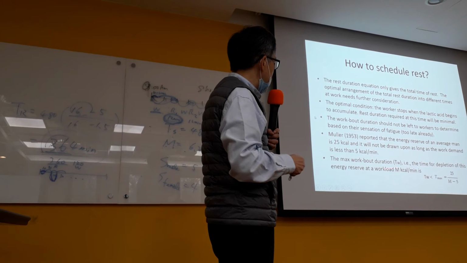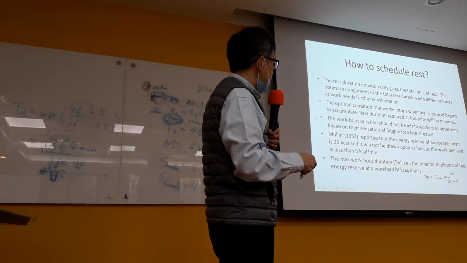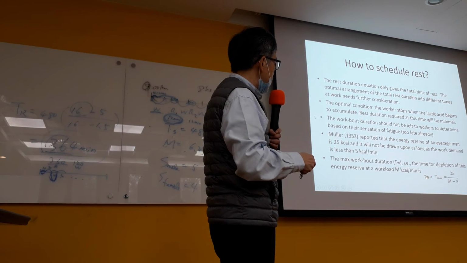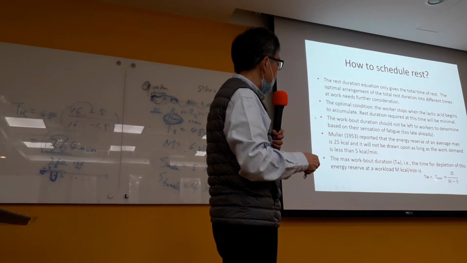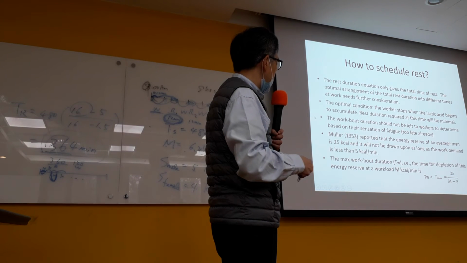The time for depletion of this energy reserve at the workload M is this. So TW must be smaller than T max, which is equal to 25 minus M divided by M minus 5.